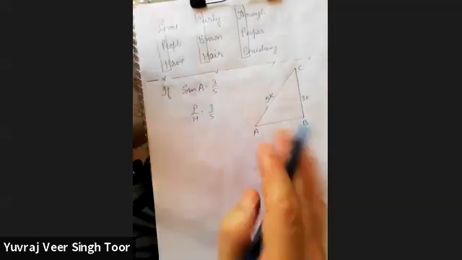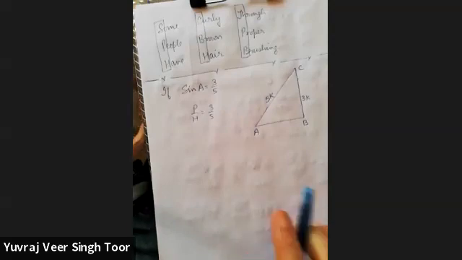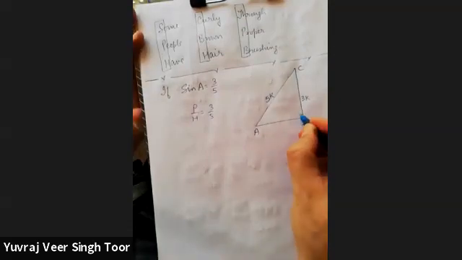So I will write 5K and 3K, because it's a ratio, we have taken some common factor. We will not say this is 3 centimeter or 3 meter. It could be 30 or 15, any multiple, because we are dealing with ratio.